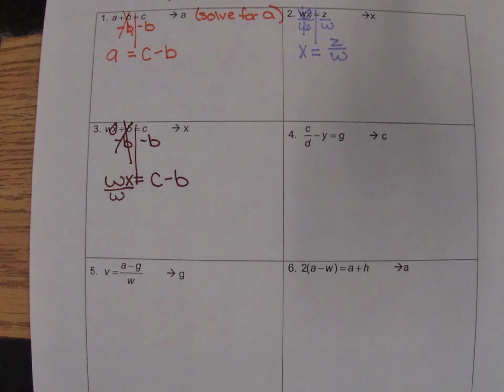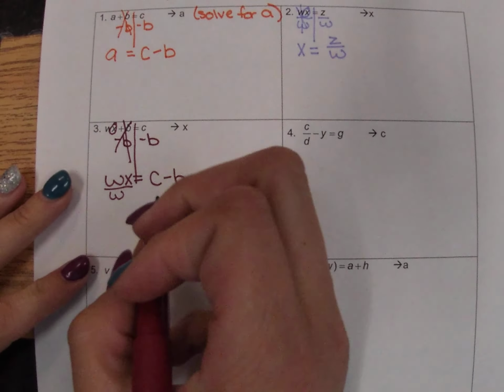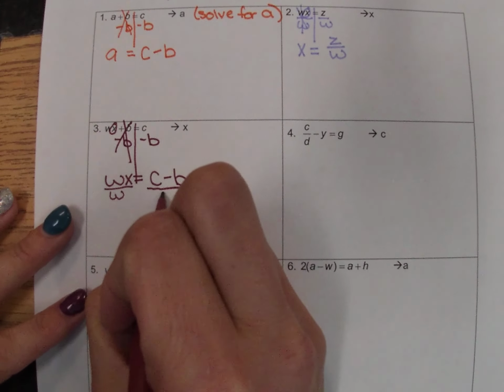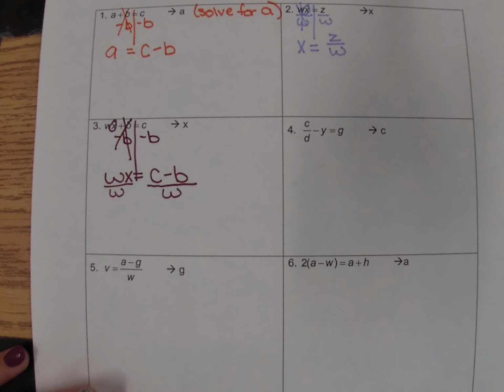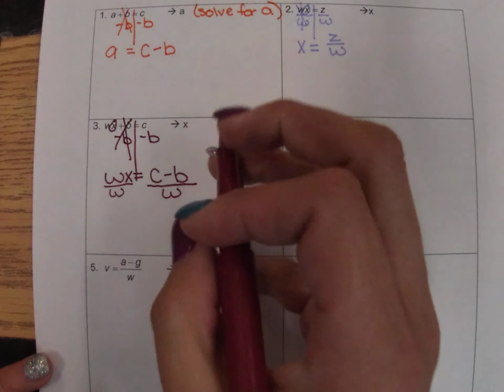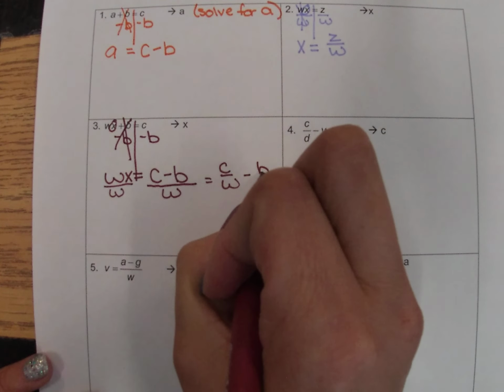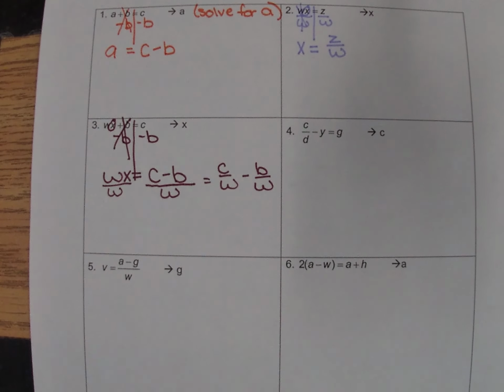Now, we talked about this when we solved for y many weeks ago, but we need to understand that there are two things that are equivalent. Dividing this entire side by w is the same thing as dividing the c by the w and the b by the w. Now, in this particular situation, we can't do anything to simplify in either form.